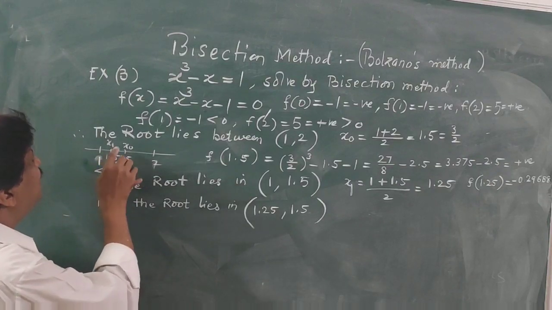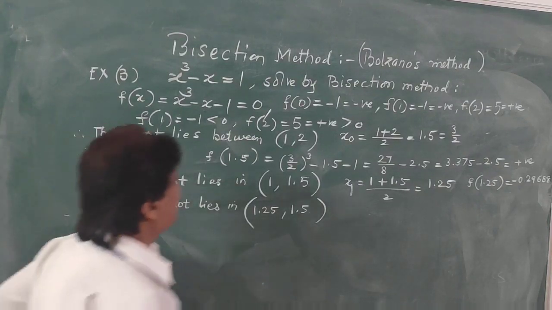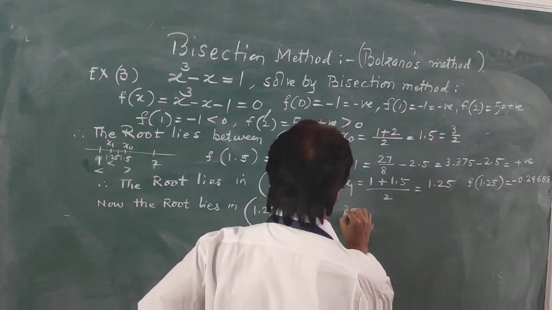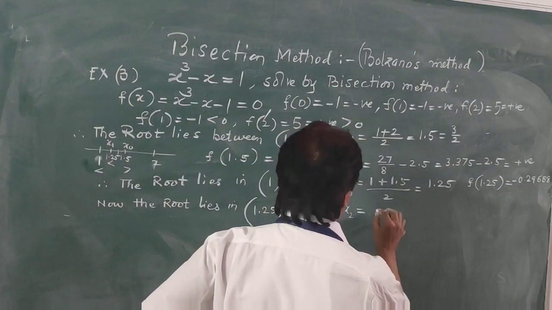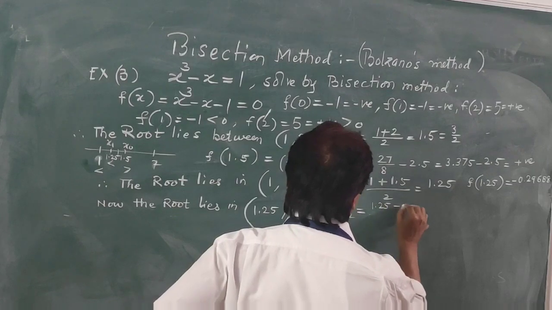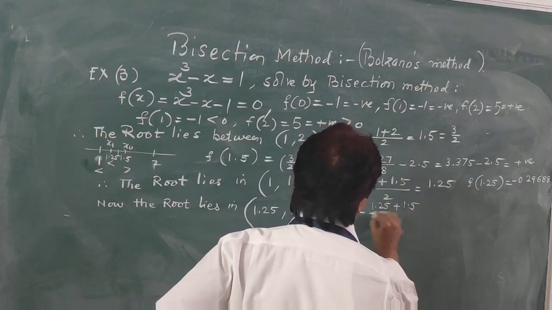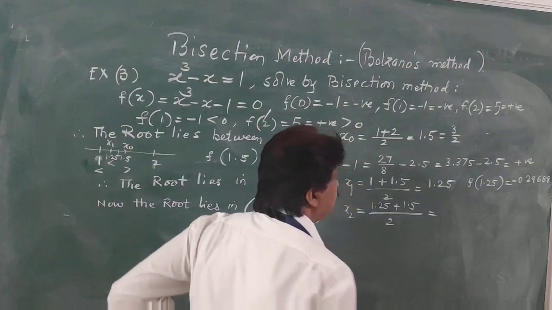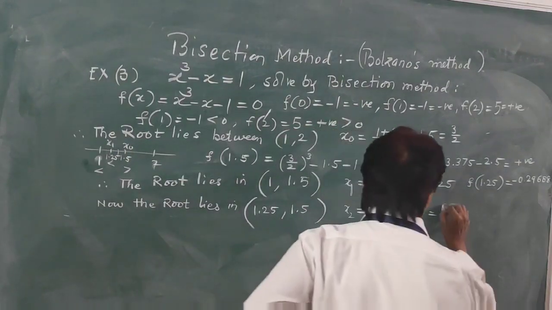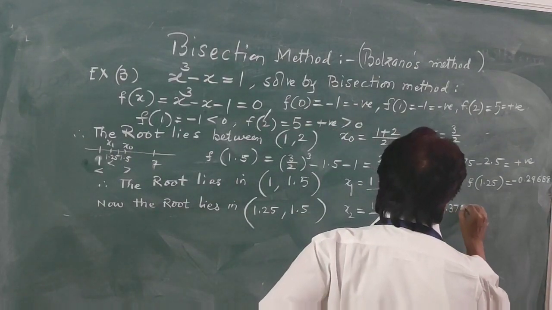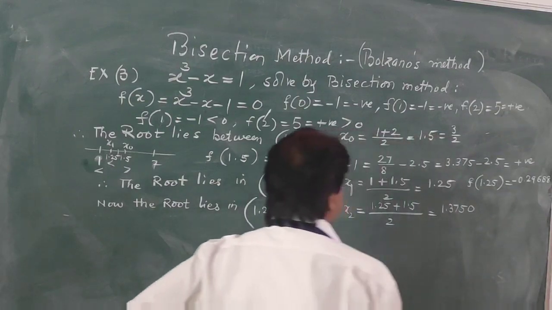Again, we shall bisect this interval. x2 is equal to 1.25 plus 1.5 divided by 2, so it is 1.3750. This is x2.